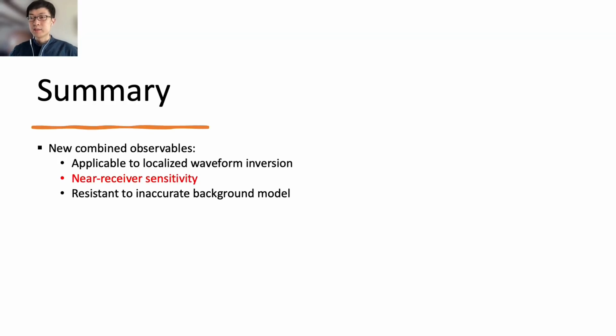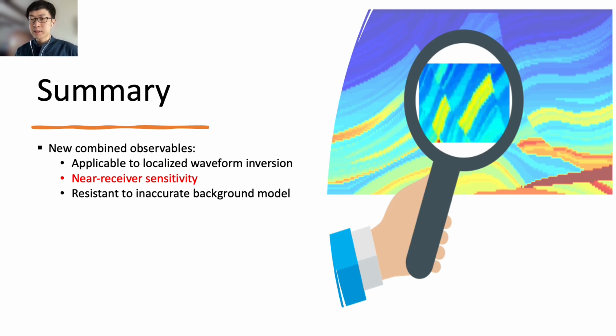In summary, this study has shown the possibilities of applying new observables such as apparent P and S-wave velocities to localized waveform inversion. The near-receiver sensitivity of the amplitude ratio-based observables has made model-driven local simulation approaches more robust and resistant to background model errors. It is as if we are viewing local areas with a magnifier and neglecting what happens outside.